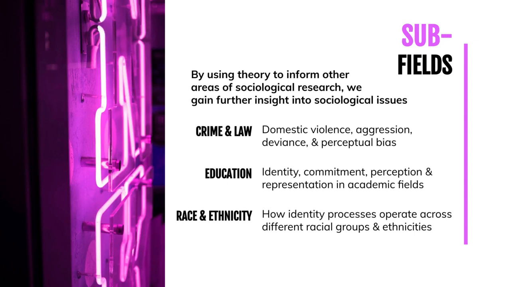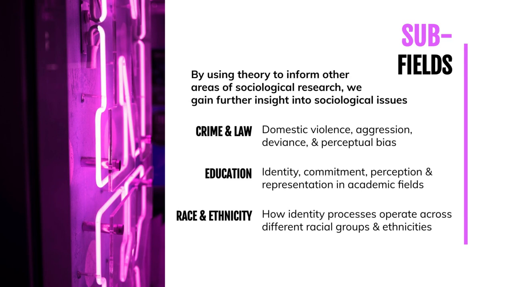So, moving on to some subfields in this area. By using theory to inform other sociological areas of investigation, we're gathering further insight into sociological issues and problems. We will briefly discuss how identity theory has informed some sociological areas, such as the sociology of crime and law, sociology of education, and the sociology of race and ethnicity.